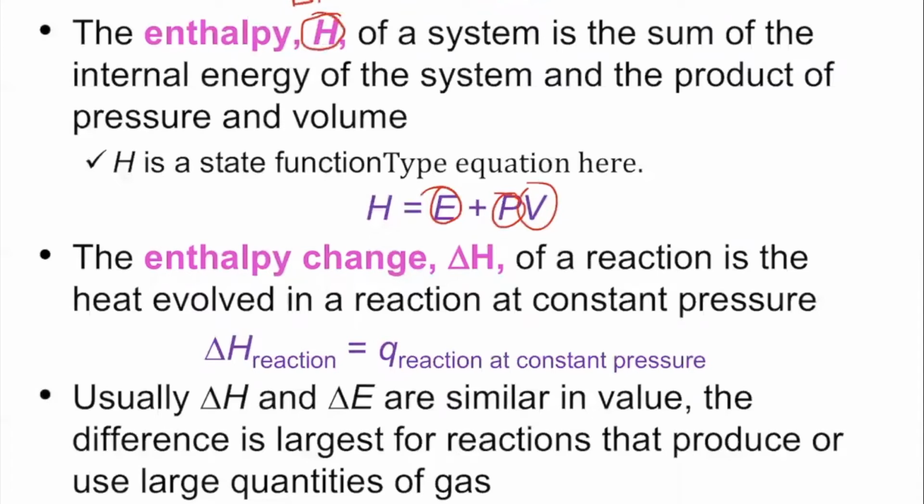At constant pressure, the change of enthalpy equals the change in internal energy plus the pressure times the change in volume. This is how we can calculate enthalpy at constant pressure.